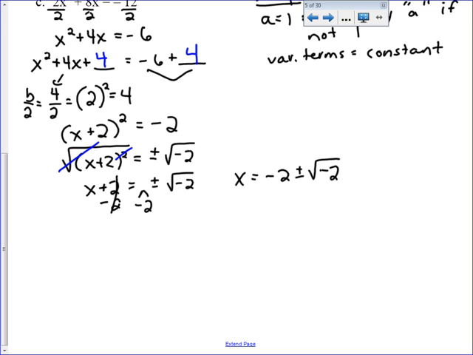We're solved now. To finish simplifying, what could I do for the square root of negative 2? Yeah, it's an imaginary number. So you could probably go right to how to write it in terms of i, or how could I break up the square root of negative 2?